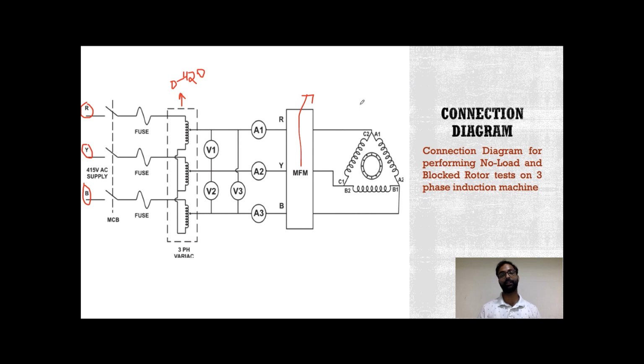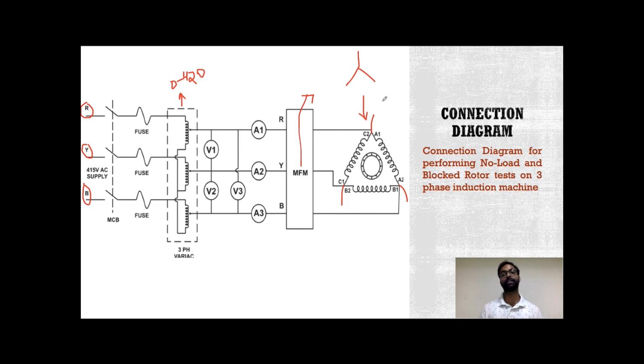And these are your stator terminals. These six are your stator terminals. Here in this diagram, these three connections are connected in delta fashion. While performing the experiment, it may be connected in delta, or it may be connected in star also. Star connection, as we all know, is like this.